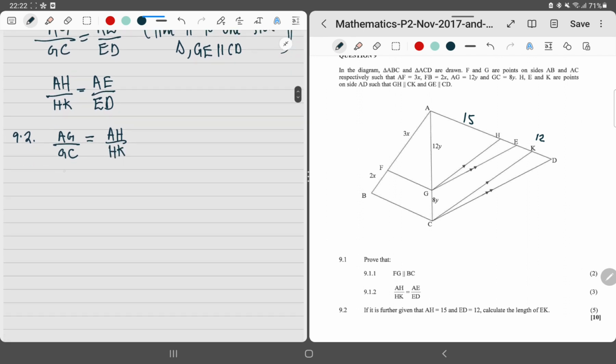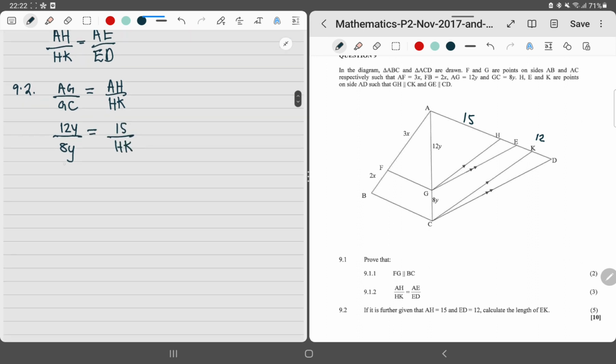And then AG is 12y and GC is 8y. AH is 15 over HK. Therefore, HK is equal to 8 times 15 over 12. So I'm getting 10.